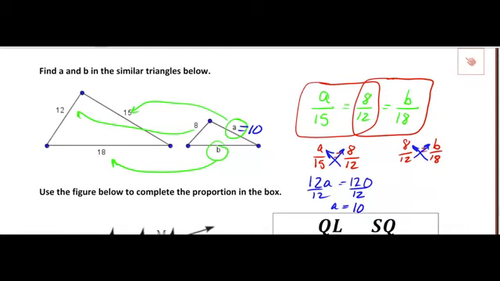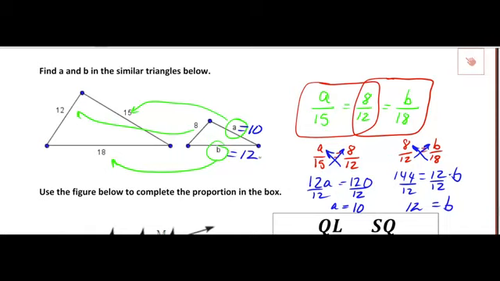So we can cross multiply because this turns into a proportion. And I get 18 times 8, I think it's 144, is equal to 12 times B. And if I divide both sides by 12, I get side B is equal to 12.